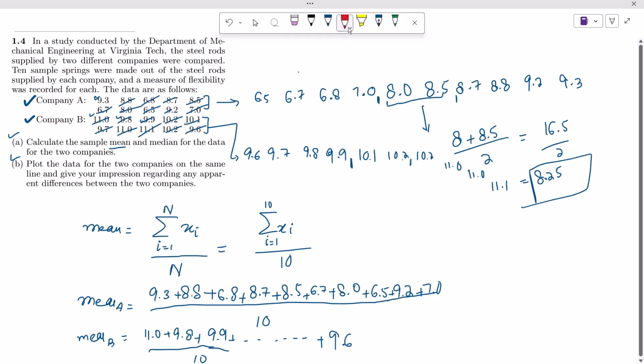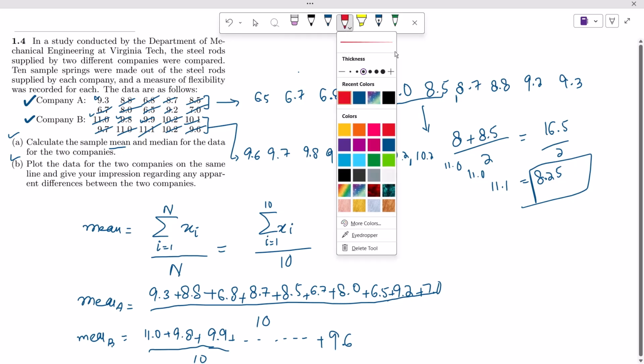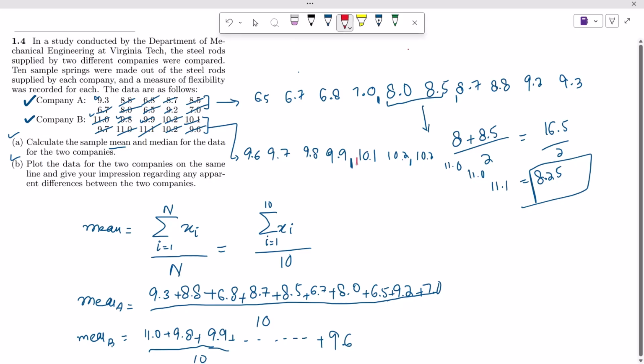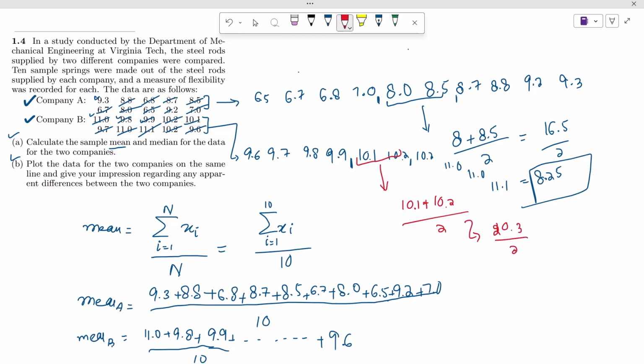So let me separate out these two, 10.1 and 10.2. 10.1 plus 10.2 divided by 2 is 20.3 divided by 2, so this will be 10.15. So the median for it is this one.